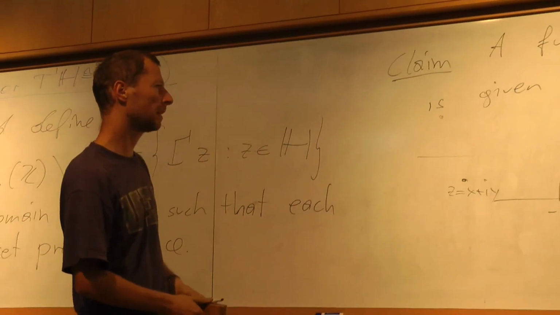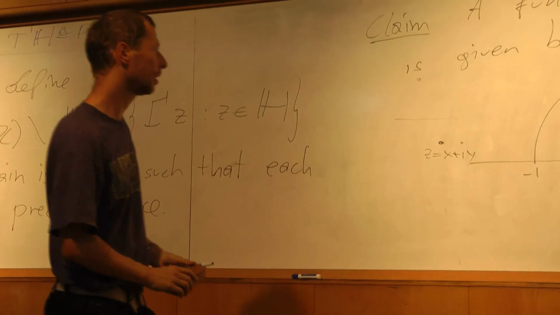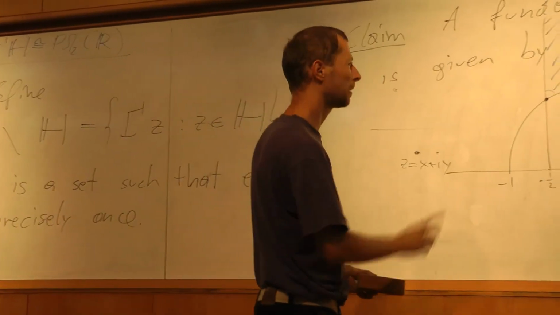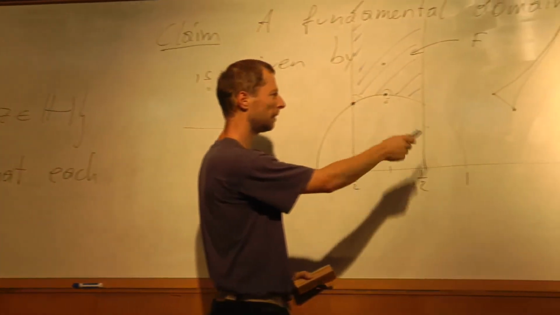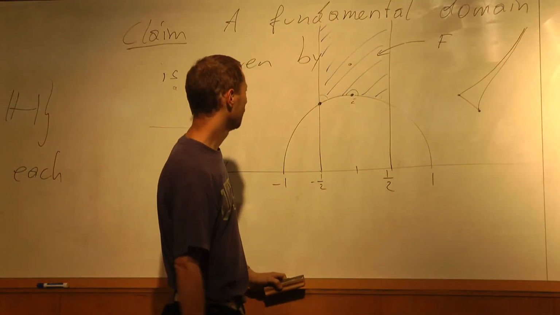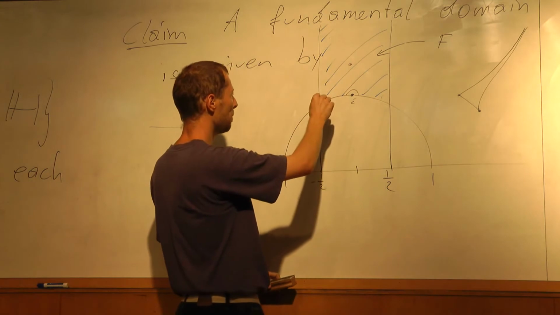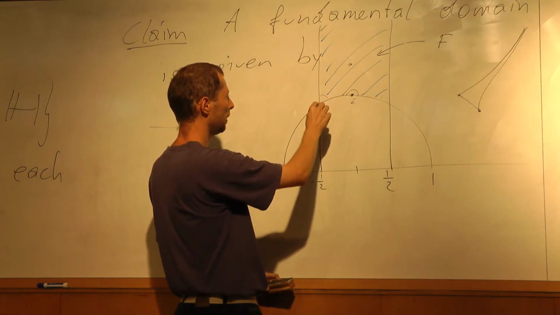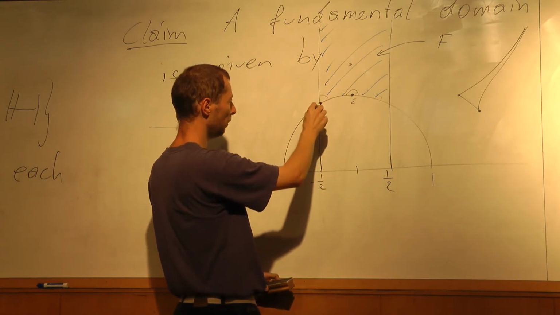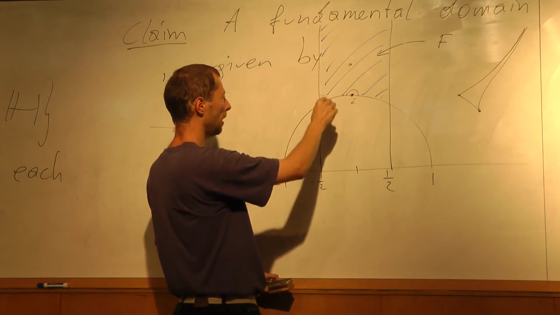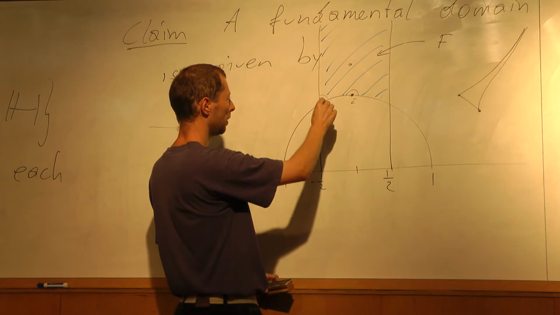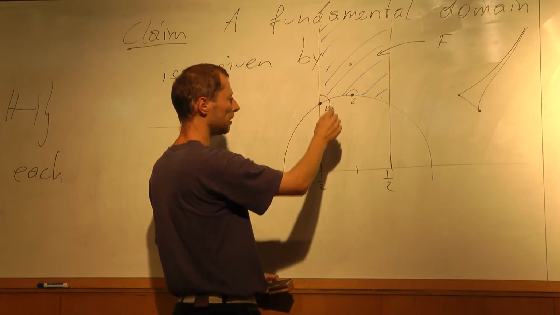Let me suggest a slightly different approach. But maybe before I do that, I should tell you that there is a map that sends this point to itself, is integer, and rotates around this by 120 degrees.